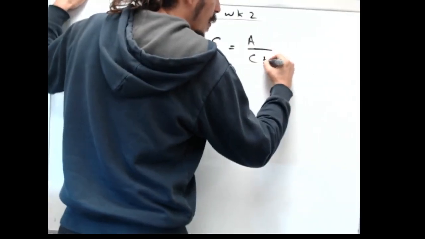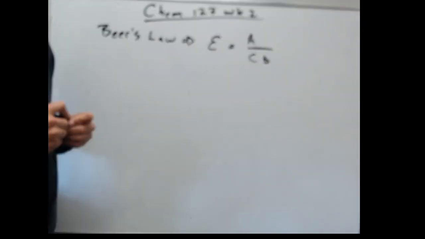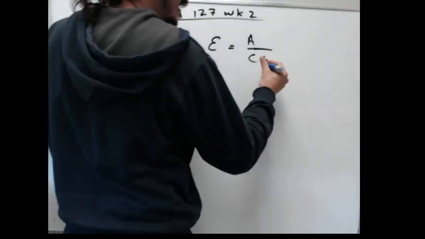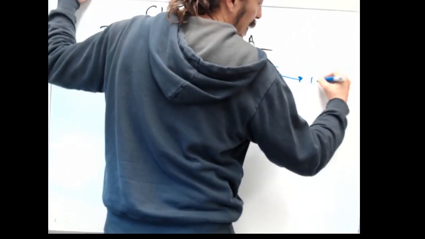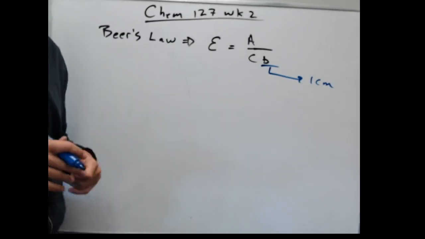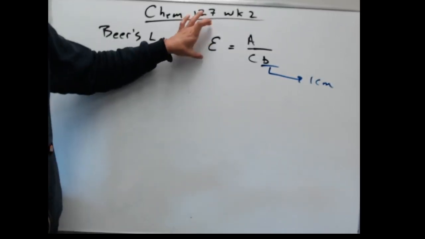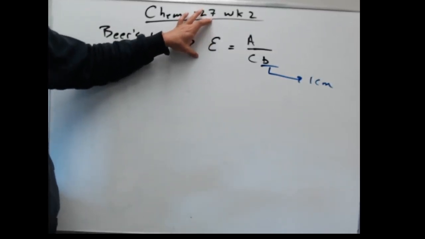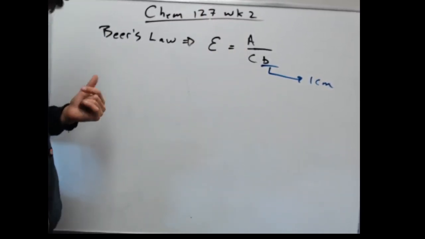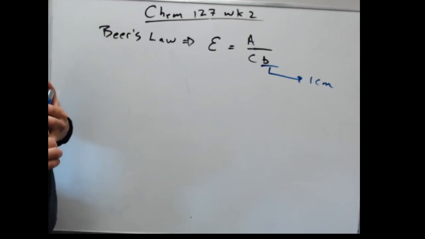There's also the path length. For us, most of the time, we say path length is 1 centimeter, it's always the same thing. It's just equal to 1, and so we can kind of ignore it. And then this molar absorptivity, this behavior of the material, is just the ratio of absorption to concentration.